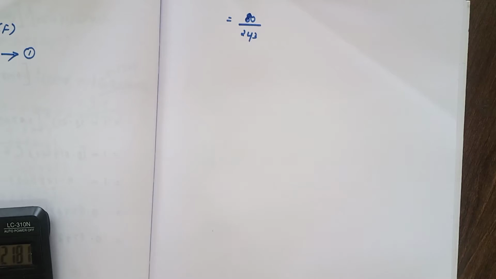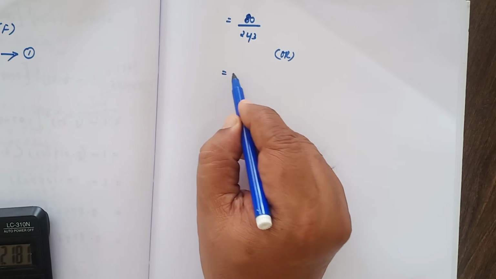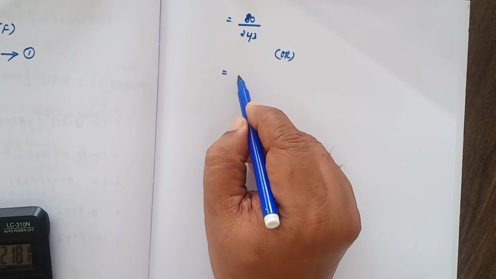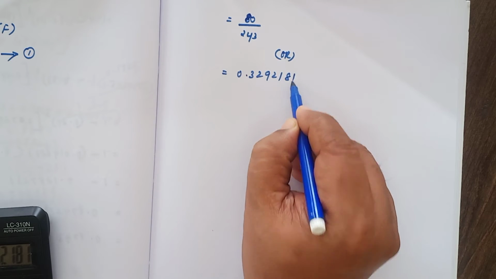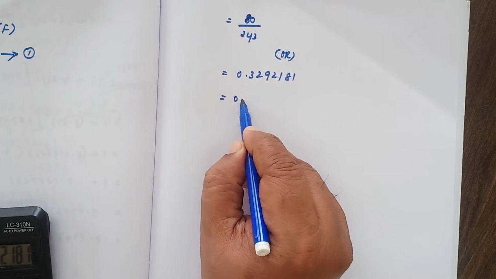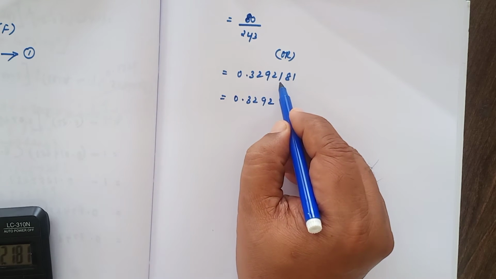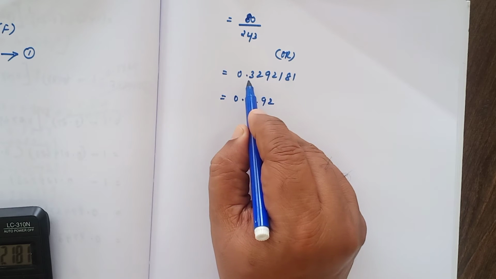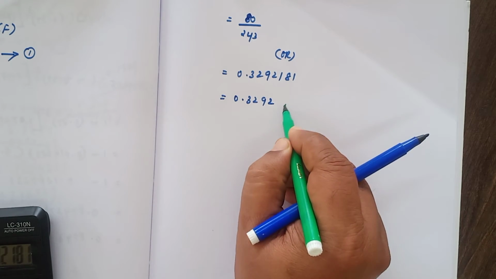Okay, this is the book answer, or you can write the answer even in decimal. 80 divided by 243, we are getting 0.3292181, that is equal to 0.3292. Since 1 is less than 5, you write 3292 only. So that is the answer for the first subdivision.